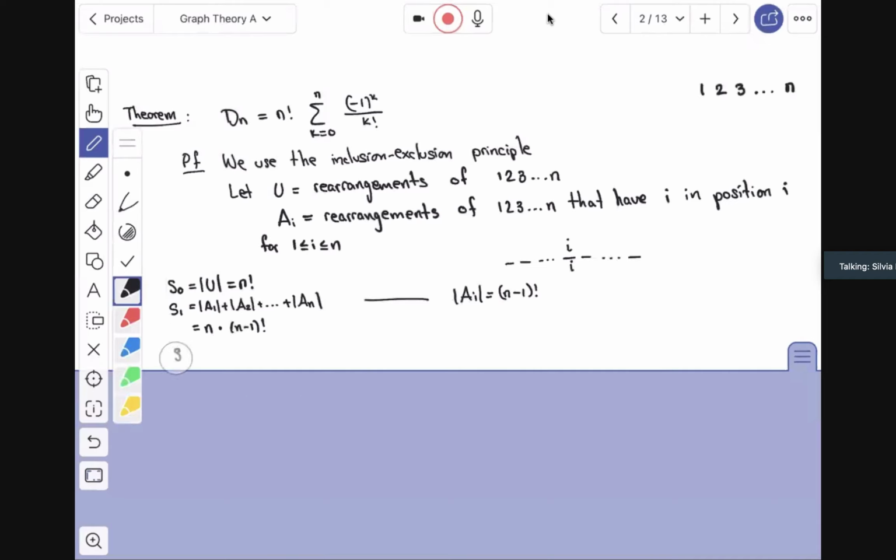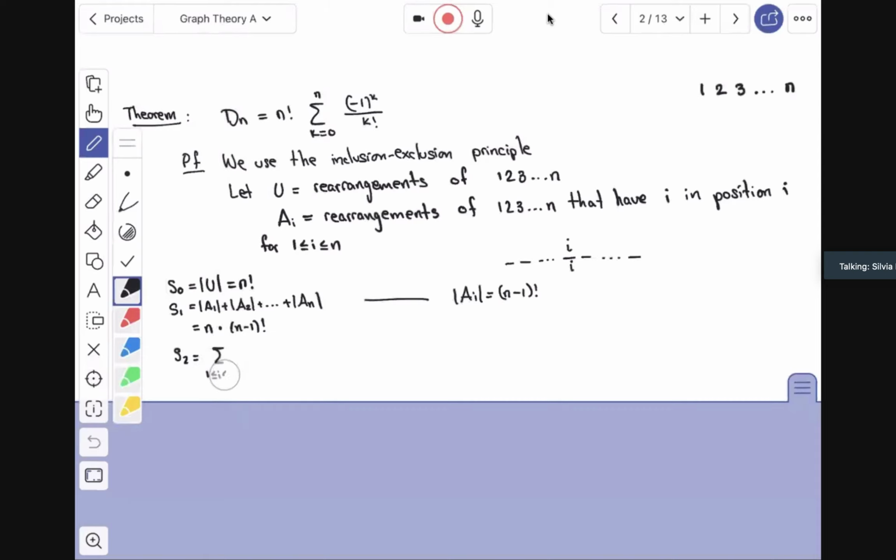And then S2 is the sum where I pick 2 subindices at a time, and I do AI intersection AJ. If you think about it, this time you have the I fixed someplace, and then you have the J fixed someplace else, and then all the others need to permute.